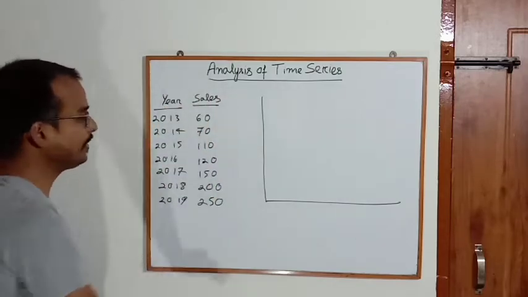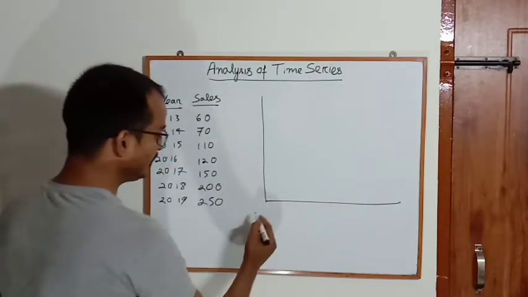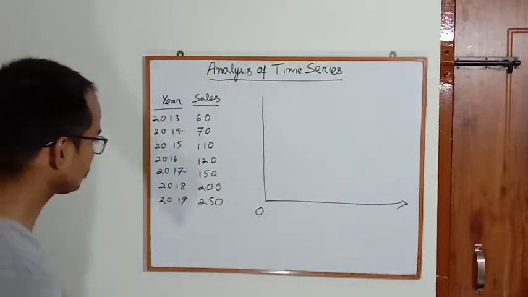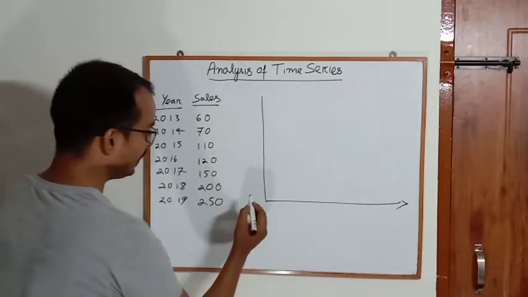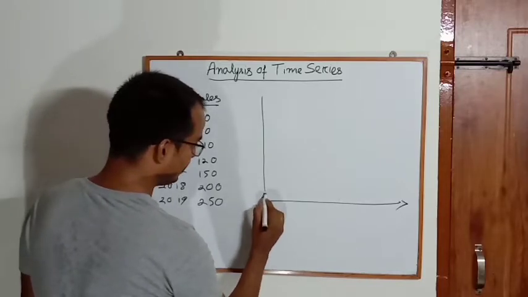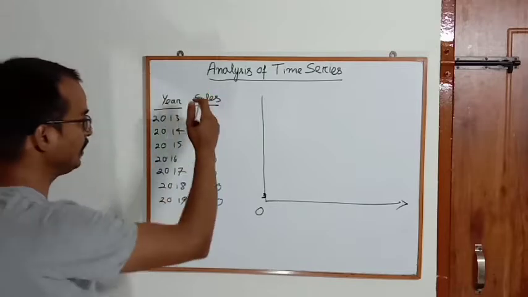So there may be hundreds of information. This side, let us make the graph like this, so that there is no 10, 20, 30, 40.